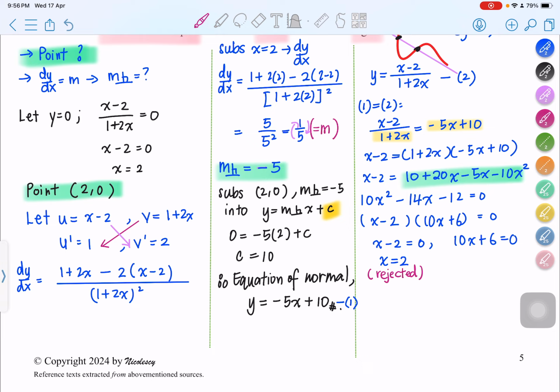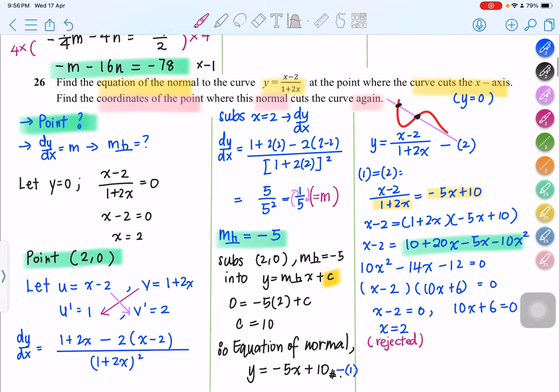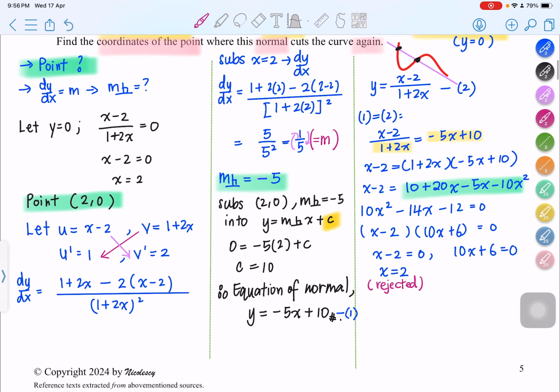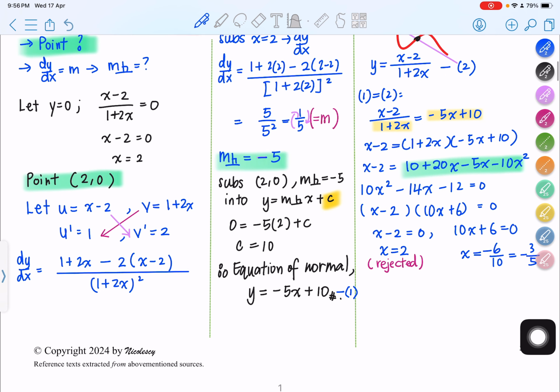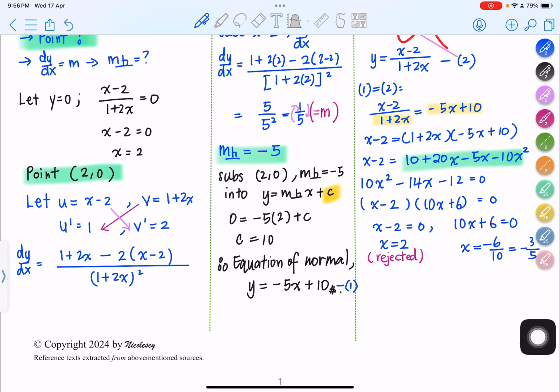So I solve for the x coordinate of the other point. I get x equals negative 6 over 10, which simplifies to negative 3 over 5. I found the x coordinate of my point.